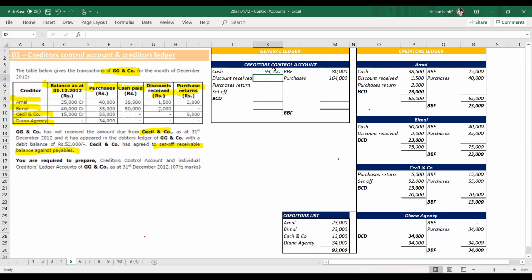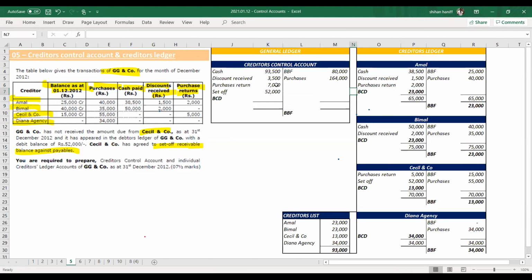Discount 1,500 plus 2,000, 3,500. Return 2,000 plus 5,000, 7,000. Set off is 52,000.